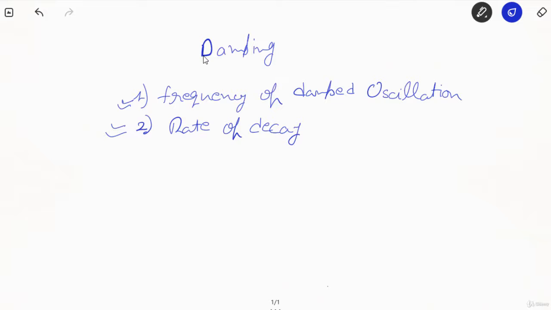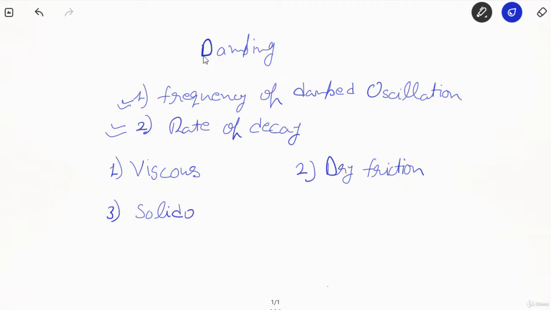If we talk about different kinds of damping, we have basically four types. Number one is viscous damping. Number two is dry friction damping, right? Coulomb damping is another name for it. Third is solid or structural damping.